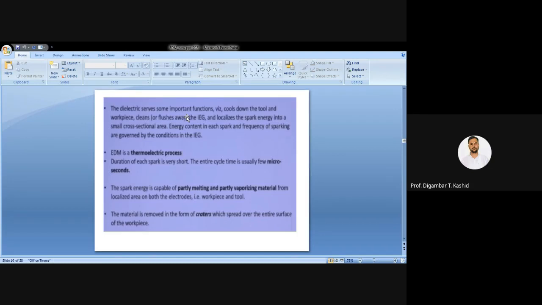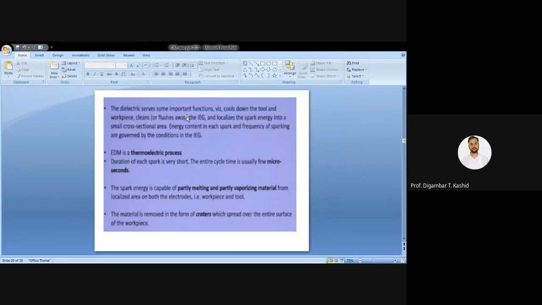Whatever material is in the molten state or vaporized comes out into the gap, that is, into the dielectric fluid. So this molten material that is removed is called debris.